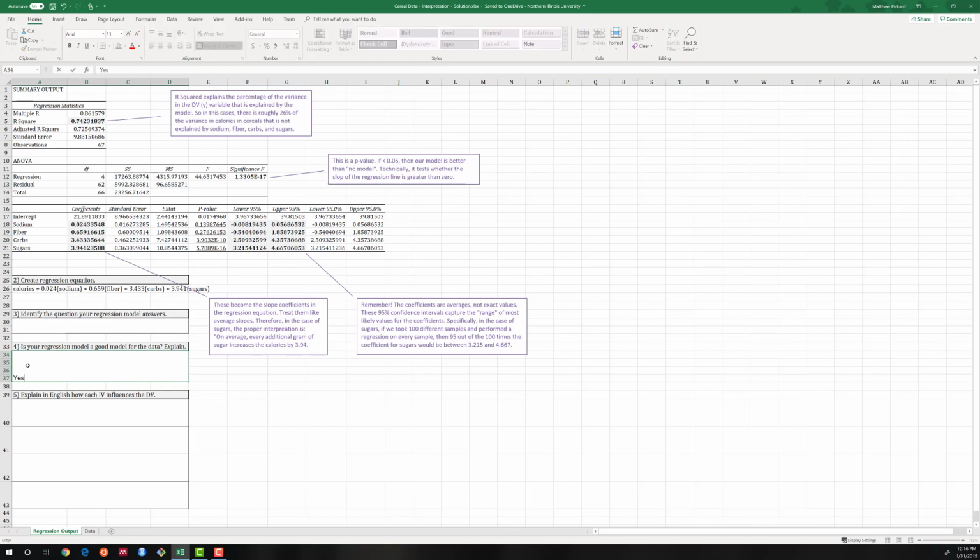So we're going to say, yes, the R-squared indicates that sodium, fiber, carbs, and sugars explain approximately 74% of the variance in calories among cereals.